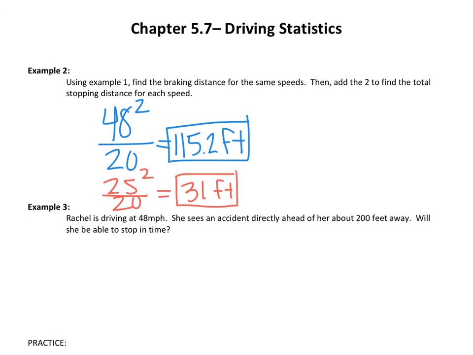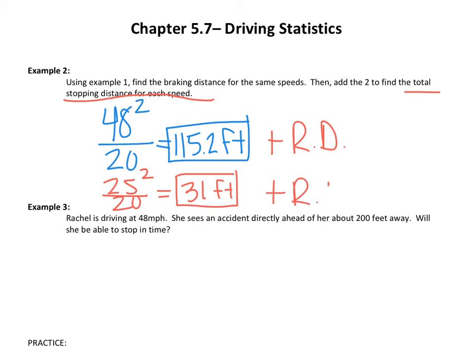So to get the total stopping distance, what do we call the total stopping distance? We have to add the reaction time as well as the distance it takes to actually apply the brake. So what you would do is you would add this to the reaction distance, or what we call RD.